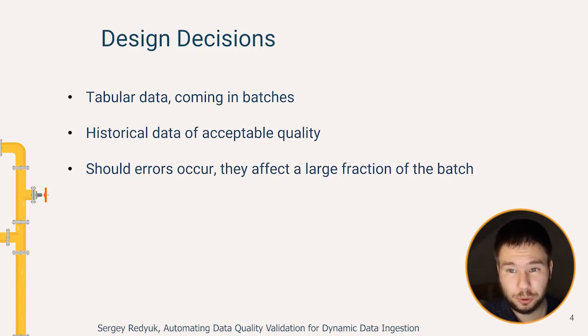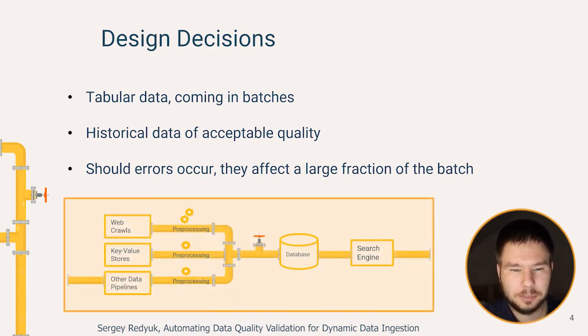This assumption is crucial. It means that at the time t, we allow ourselves to use the data from time 0 to time t-1 as the training set that models the data of high quality. If this assumption seems counterintuitive, let's get back for a moment to our motivational example.